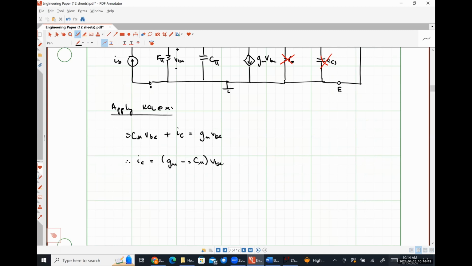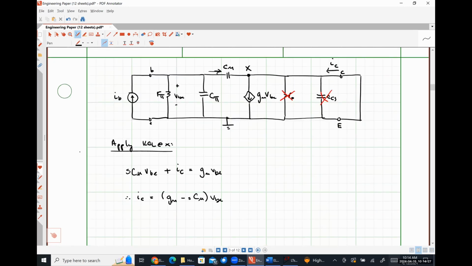So now let's sort out what V pi, or VBE, is going to be. I would argue that our current IB sees a resistance R pi in parallel with the impedance of C pi in parallel with the impedance of C mu. Everybody okay with that?